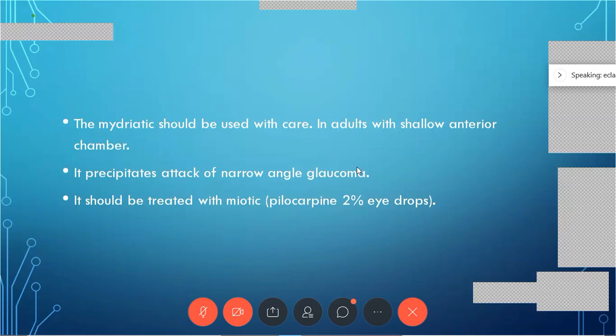After dilatation of the pupil, there will be clogging of the trabecular meshwork with iris tissue, and there will be precipitation of acute angle closure glaucoma. So it should be used cautiously.